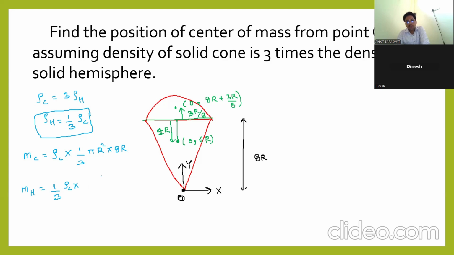Volume of a hemisphere is 2 by 3 pi r cube, you know this. So let us find the relation.